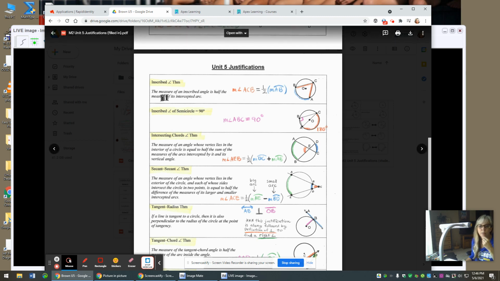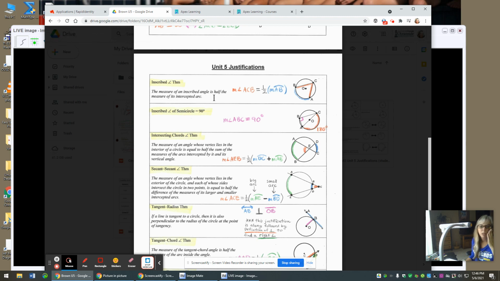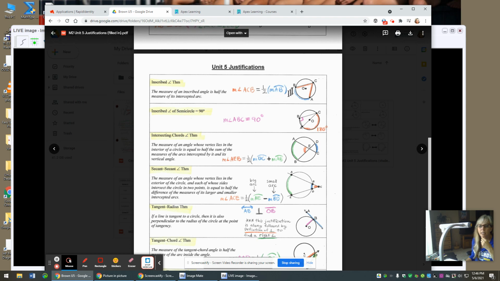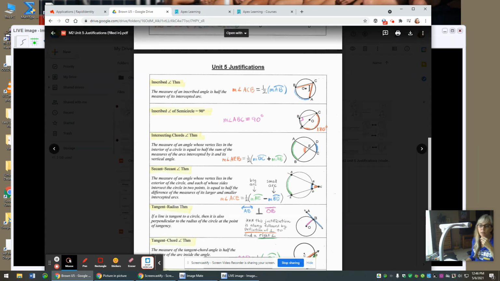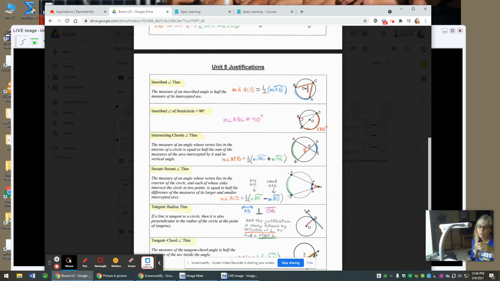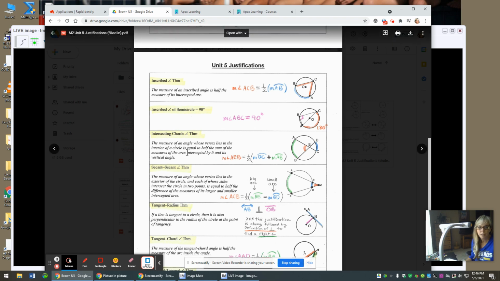And this says the measure of an inscribed angle is simply half the measure of its intercepted arc. Its intercepted arc is this arc AB here. So if we're looking for the angle and we're given the arc, we'll just take half of the arc and we have the angle. However, if we're given the angle and we need to find the arc, obviously we would double it. Since the reverse is half, we would have to double it. We're going to practice that.